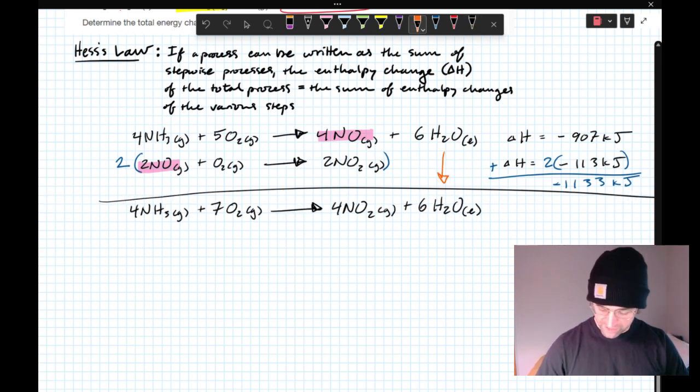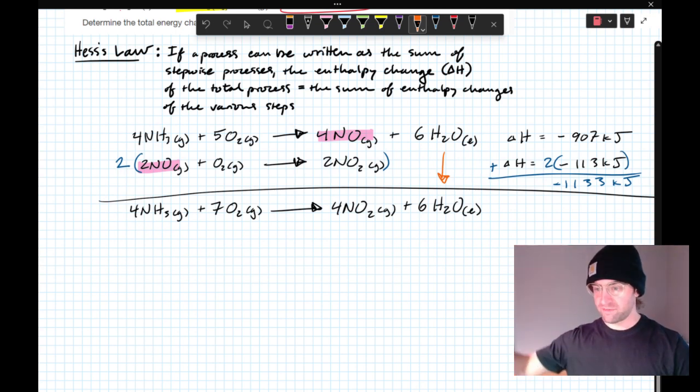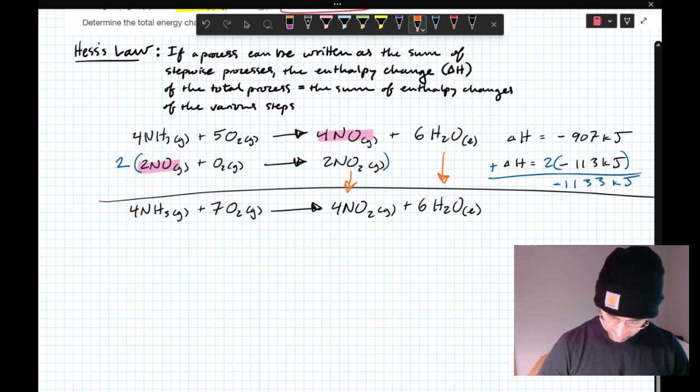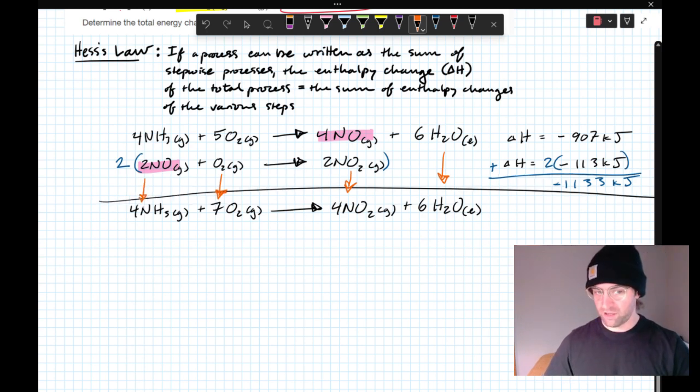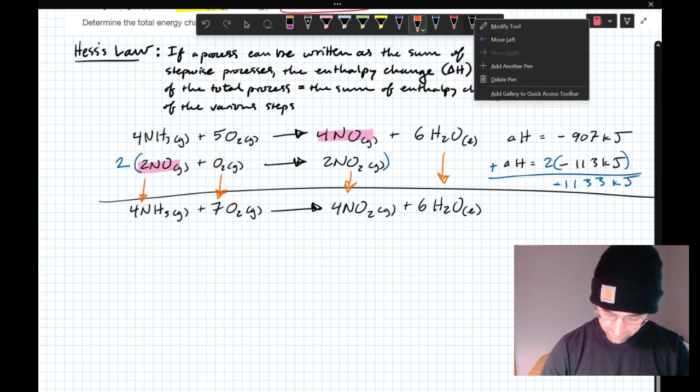Now, hopefully this makes sense. I'm just carrying things down sort of below this line and making sure that all of our units stay the same, right? We're balancing both sides of the equations as we're doing this in a stepwise process.